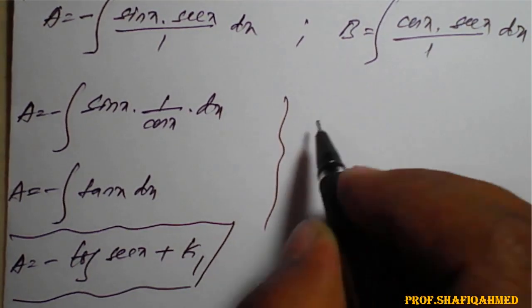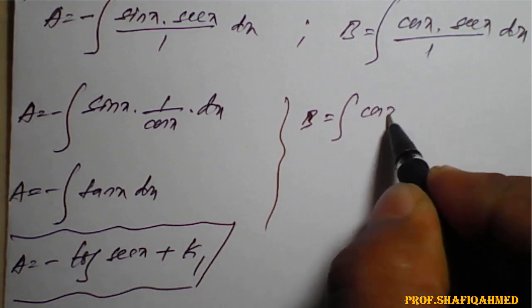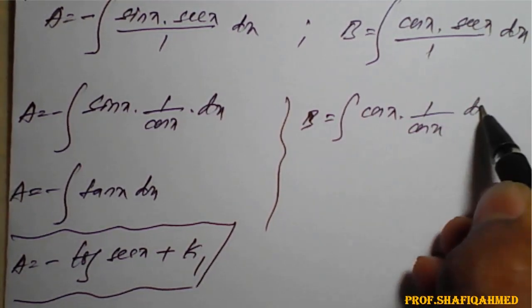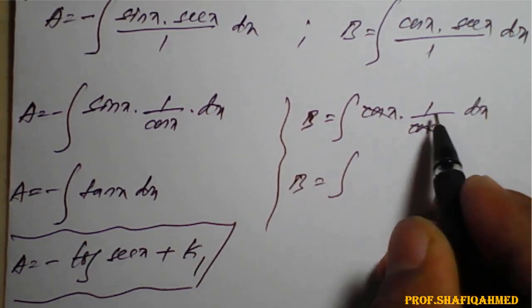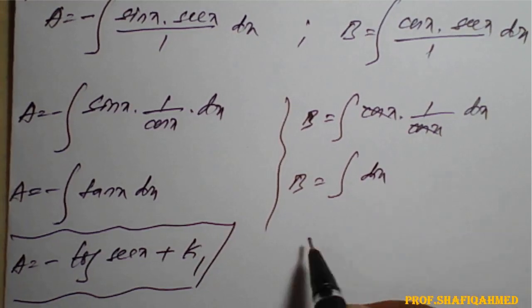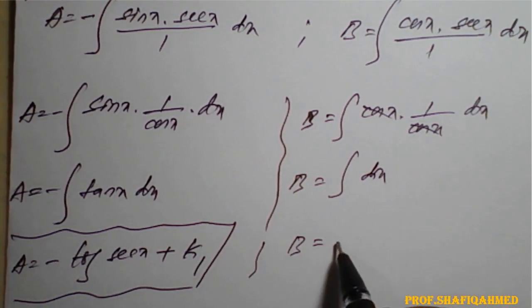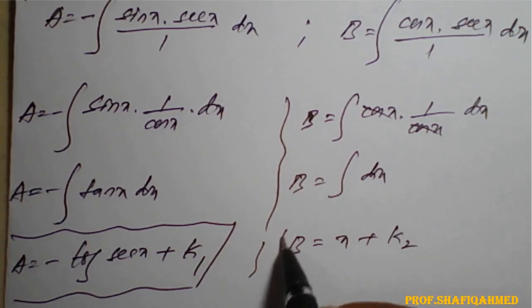Similarly, we need to find the value of B. B is integration of cos x, and secant is 1 upon cos x, dx. So cos cancels, and B is integration of 1 into dx, which is x plus another arbitrary constant k2.